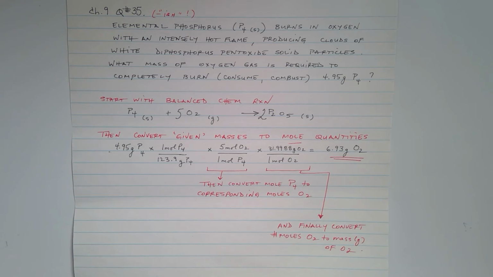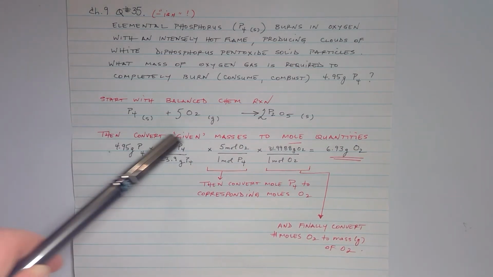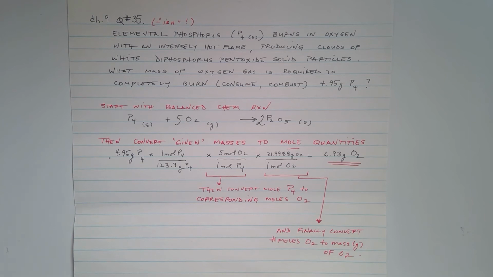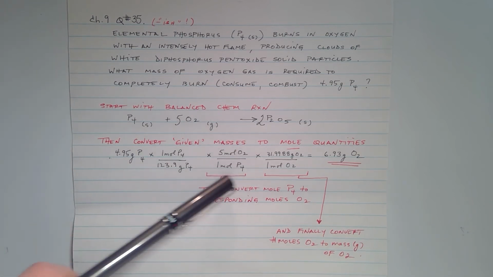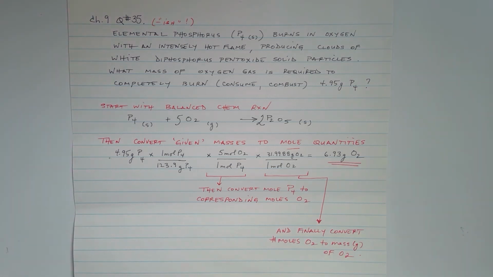So this many moles of phosphorus, and by this I mean the product of that little box there, that many moles requires how many moles of oxygen? Sorry, and that's the conversion factor here. I know that it's 5 to 1. And so in this question, I'm not calculating and stopping and trimming sig figs as I go. I'm just doing it all in one line, and that's what you want to aim for.